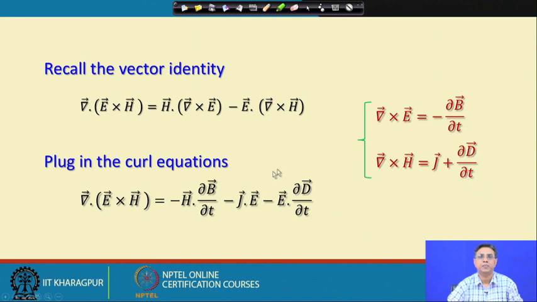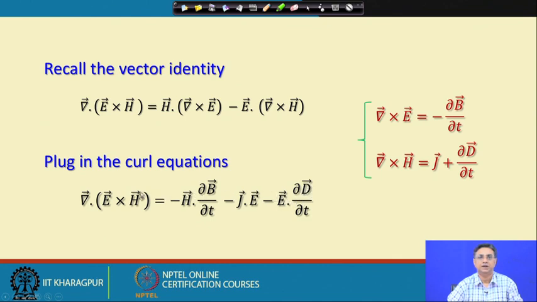If we do that, this quantity H dot del cross E becomes minus H dot del B del t, because del cross E is now replaced by minus of del B del t, and for del cross H, if I substitute this quantity J plus del D del t, then it becomes minus J dot E minus E dot del D del t.